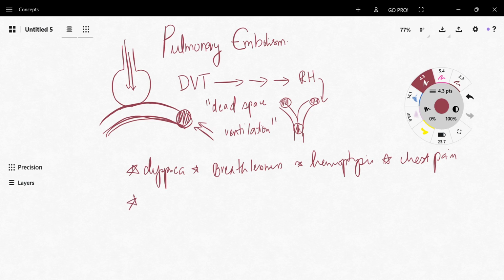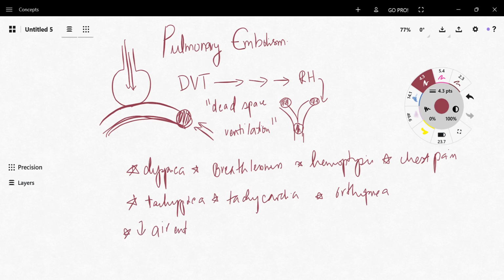There's going to be tachypnea, tachycardia, orthopnea, decreased air entry on auscultation.